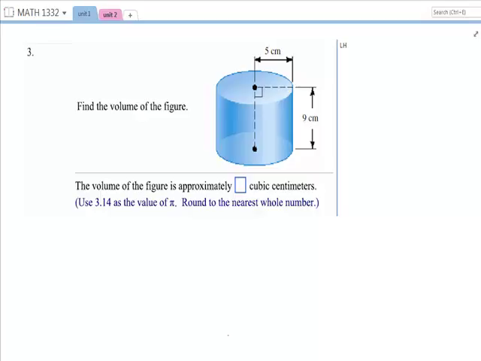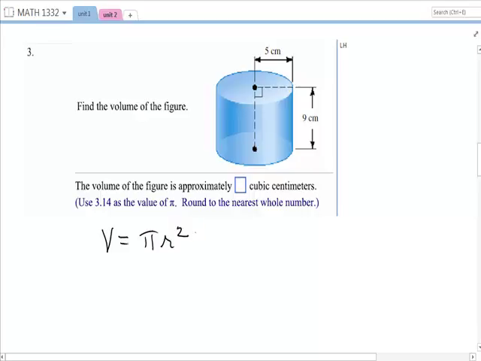All right, how am I going to find the volume of this can-looking thing? It's a cylinder. The formulas are on your sheet. The volume of a cylinder is the area of the base, which is pi r squared, times the height, because it has a circle bottom.